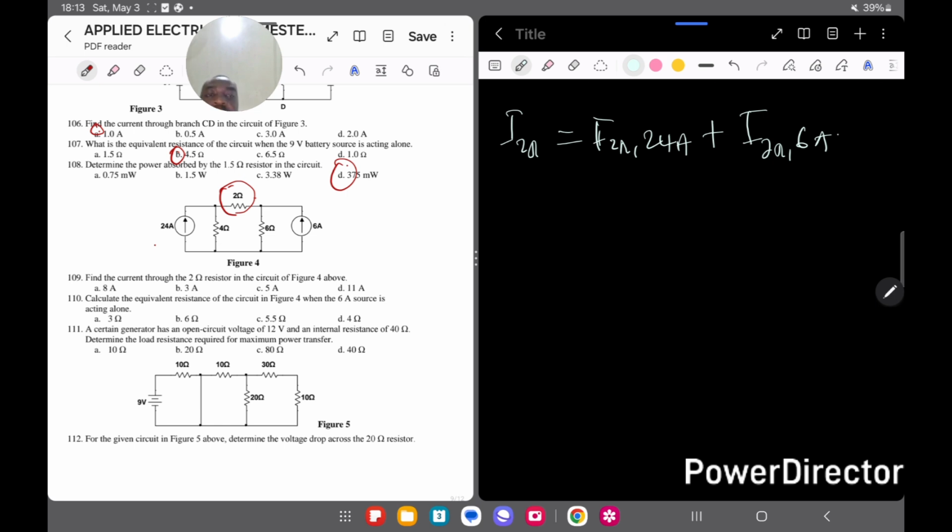So we have this formula. Now let's first get the current passing through the 2 ohms resistor due to 24 amps acting alone.